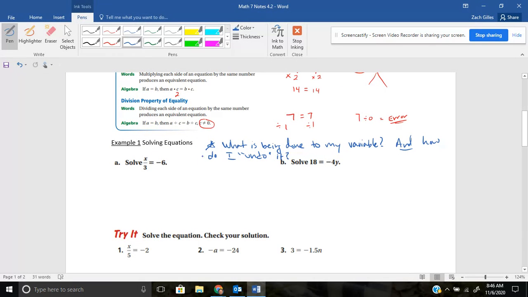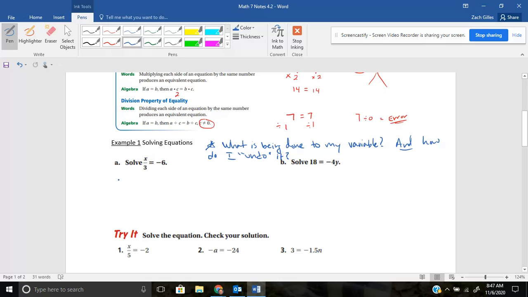What is being done to my variable? Well, x is being divided by 3. So to undo that, what's the inverse of dividing by 3? Well, that would be multiplying by 3.